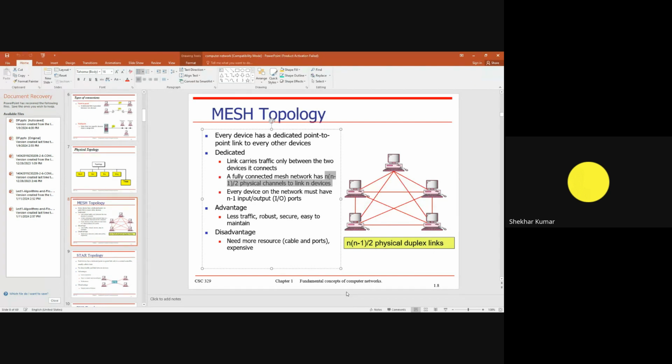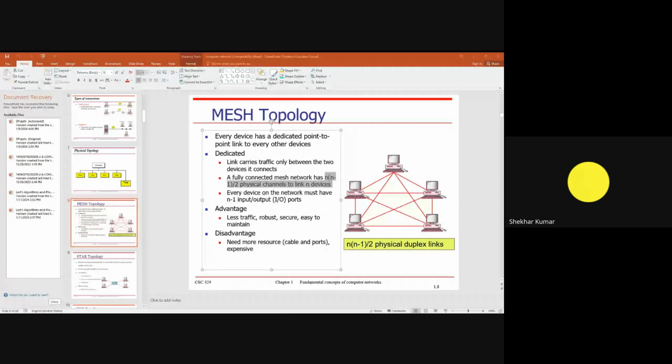The first disadvantage is that more cables and ports are required, because we are using a dedicated point-to-point connection between every two nodes. So more cabling is required. An advantage is that it is very secure, with less traffic and a dedicated link. It should be more reliable, because there is a dedicated link between two nodes.